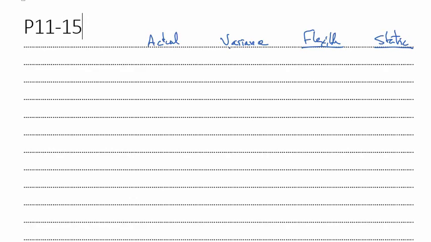Why? Well, the idea here is that this variance column explains the difference between the column on its left and the column on its right. So we could stick another variance column in here, but it will become relatively obvious as we look at it what the distinction is between the static and the flexible budget.